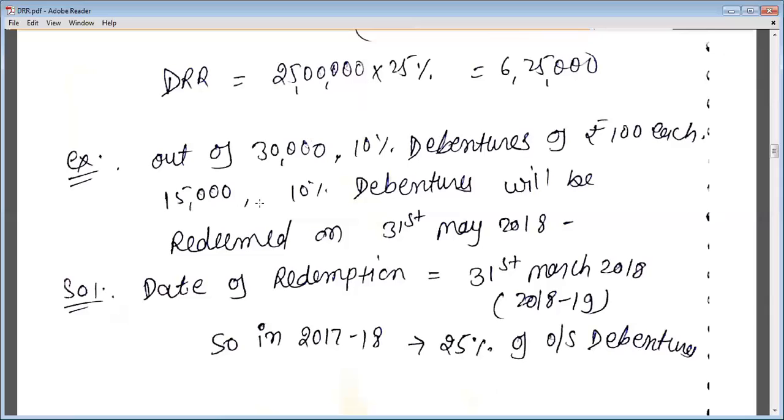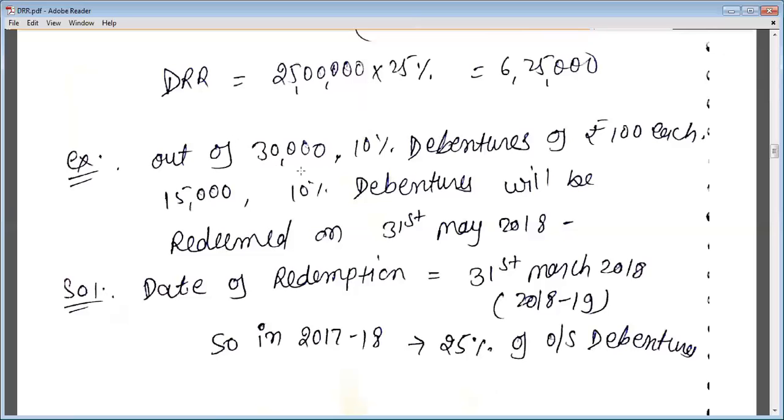It doesn't matter for this. See, your outstanding debenture is 30,000 and you are going to redeem 15,000 on 31st May 2018. But the Companies Act says it has no concern with the debentures which are going to be redeemed. The Companies Act only says that you have to maintain 25% DRR on the nominal value of outstanding debentures.